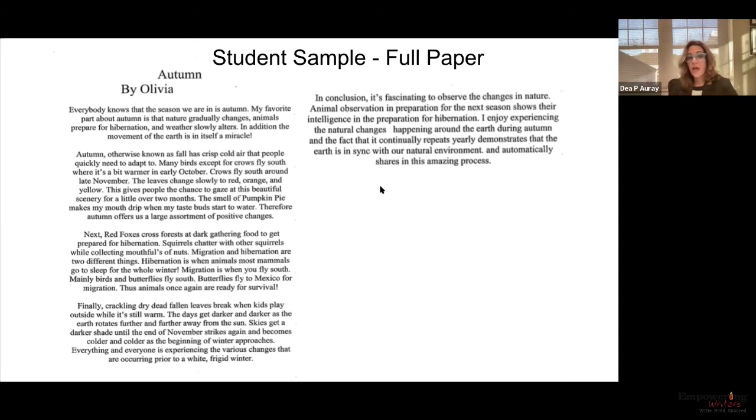In conclusion, it's fascinating to observe the changes in nature. Animal observation in preparation for the next season shows their intelligence in the preparation for hibernation. I enjoy experiencing the natural changes happening around the earth during autumn, and the fact that it continually repeats yearly demonstrates that the earth is in sync with our natural environment and automatically shares in this amazing process.